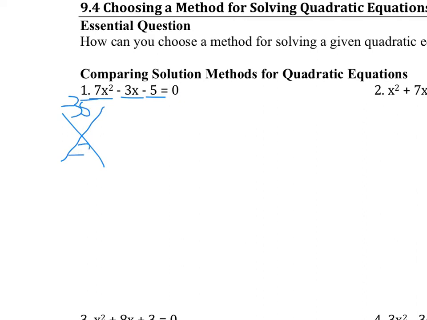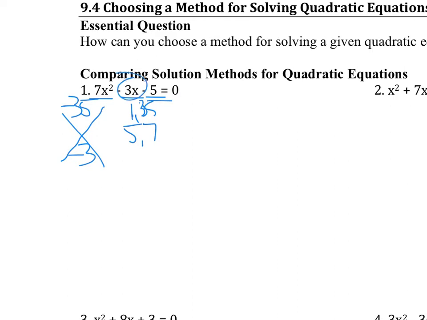Then I get negative 3. So what multiplies to negative 35 and adds to negative 3? So then we get 1 and 35. Well, that's 34. And then 5 and 7. Well, that's 2. So that doesn't work. So this is not factorable.